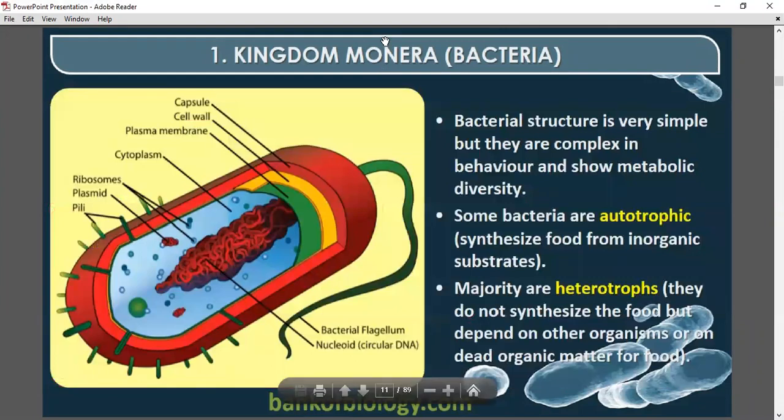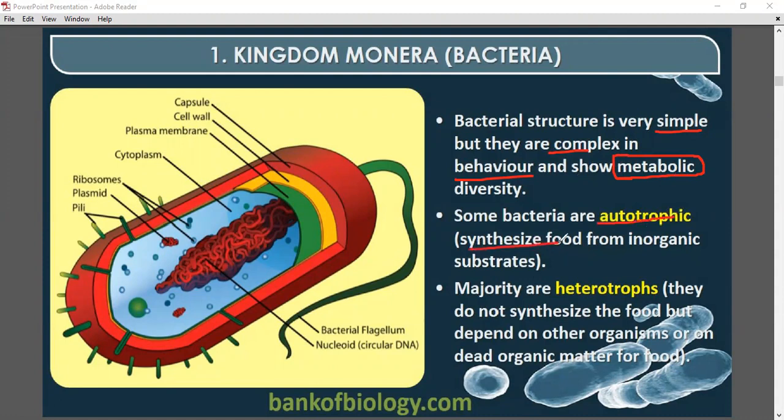Next is Kingdom Monera. Bacterial structure is very simple, but they are complex in behavior and show metabolic diversity. I already told you that they may be autotrophic or heterotrophic, and among them they are photosynthetic, chemosynthetic, saprophytic or parasitic in nature. Some bacteria are autotrophic, that is, they synthesize food from inorganic substrates just as plants do.